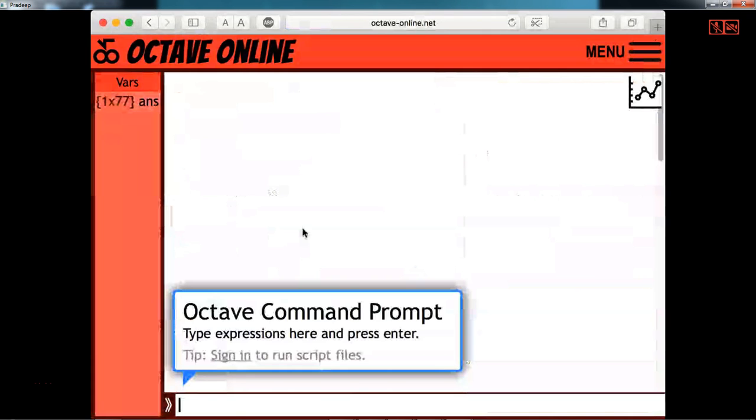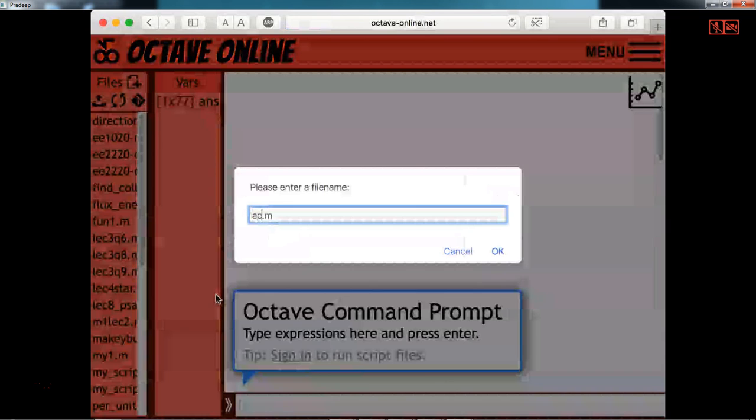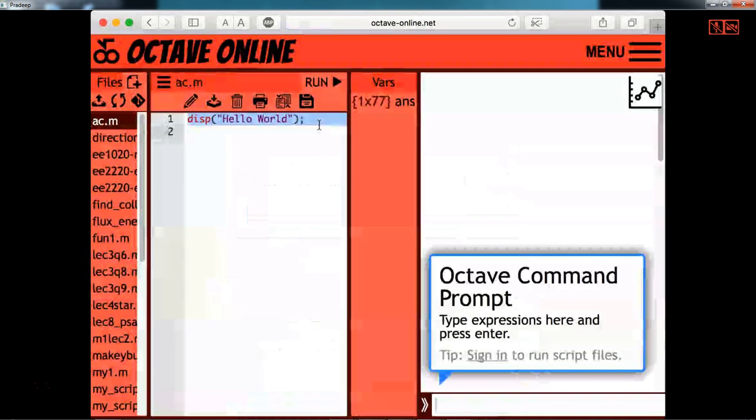So instead of individual commands, I want to create a small file. So I'll say AC quantities. Now if you look at your screen, on the left side I write my program, and on the right side I'll see the commands.